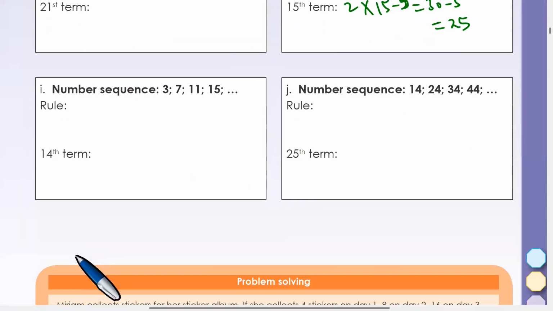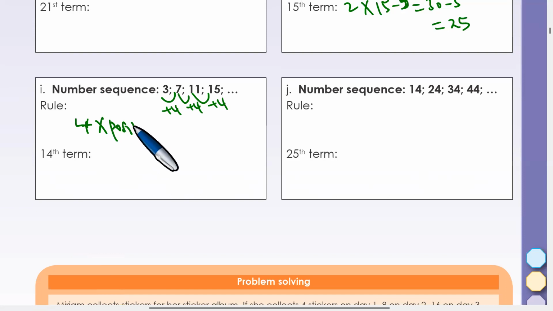Let's do I. What is happening in I? So we are adding 4. What is the rule? Is it 4 times the position? Then to get 3, what do we do to 4? Position 1 means that we are taking the position to be 1. So 4 times 1, we're just dealing with 4.